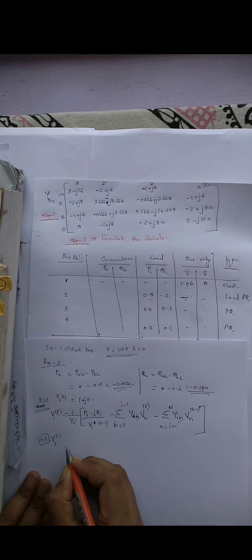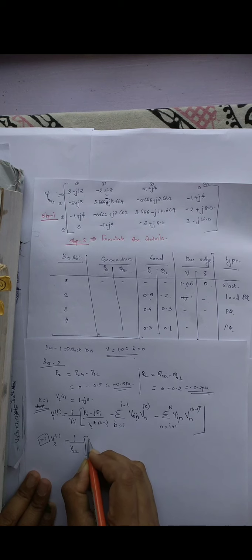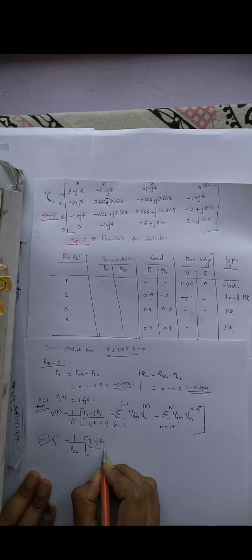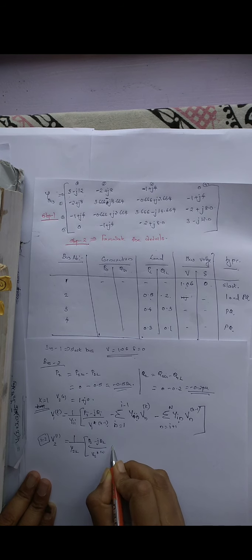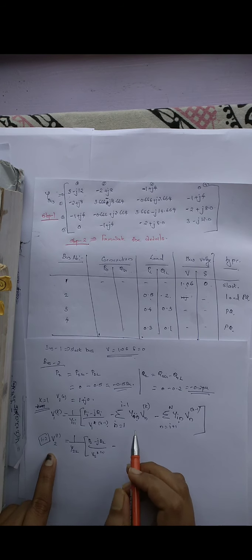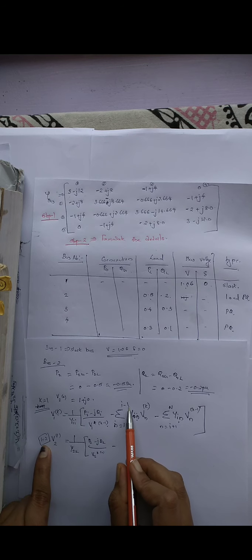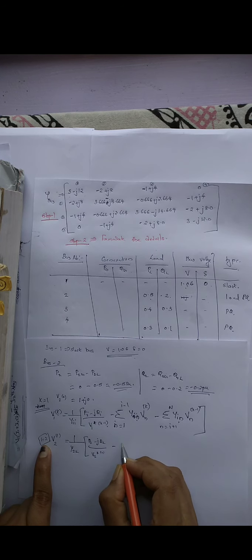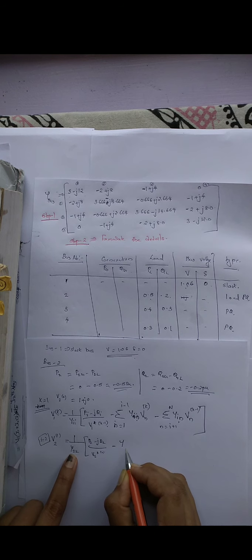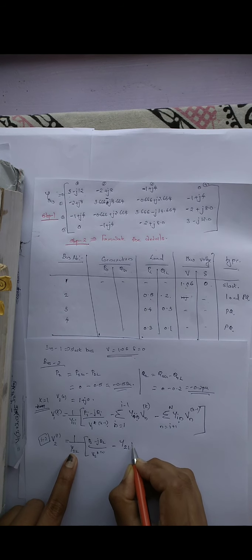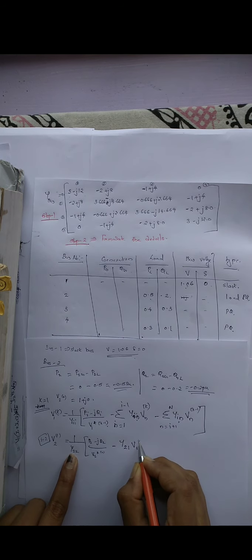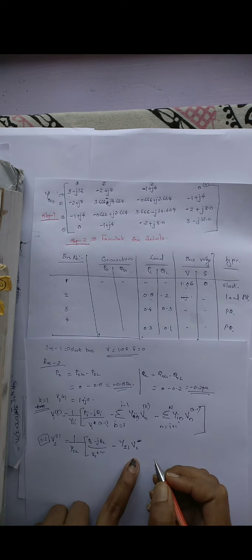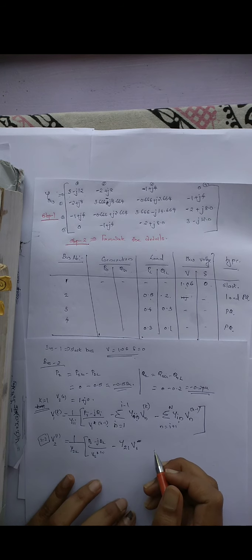So V2 of first iteration is equal to 1 by Y22 into P2 minus jQ2 divided by V2 conjugate, that is our first value, minus, here i is equal to 2, so 2 minus 1 is 1, no need of the sigma. So Y21 V1, and the iteration value will be first iteration. Anyway, this is the slack bus, so no need of changing the voltage value.